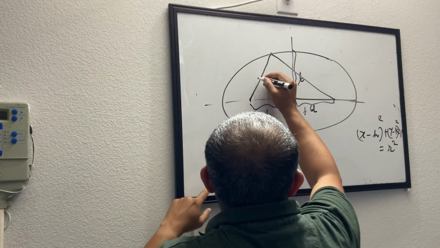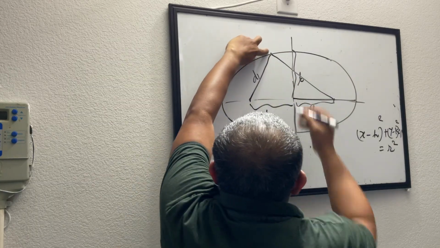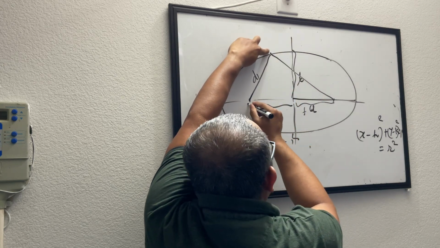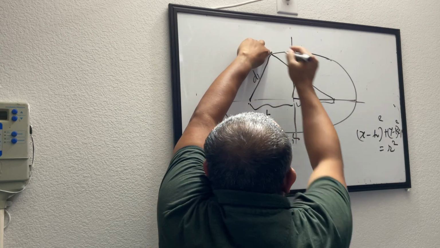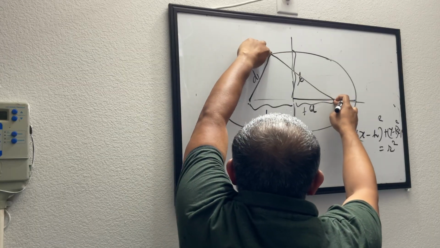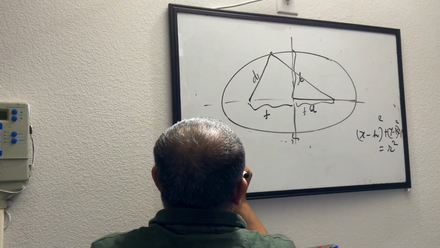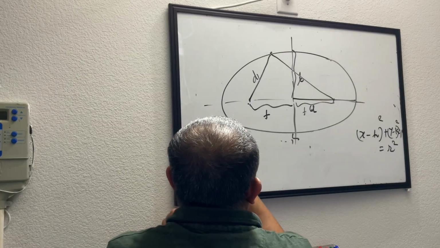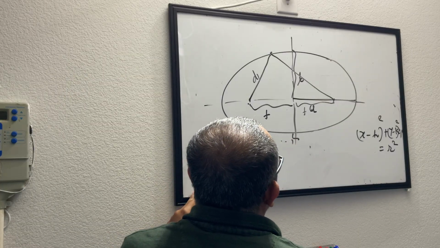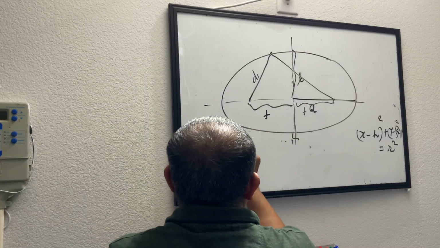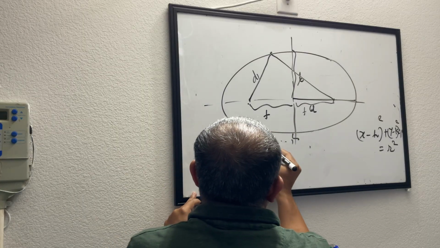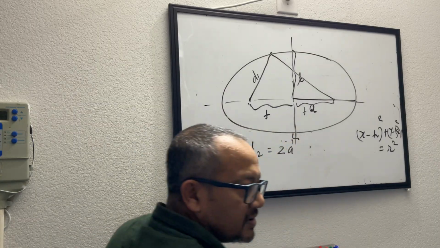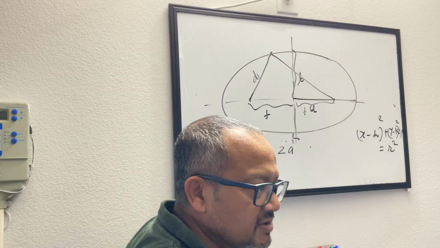So what it says is, if this is a point taken on the perimeter, from the first focus point to this point, and from this point to the other focus, if you add these two distances, this will always be the same, and it will be equal to 2 times the major radius.